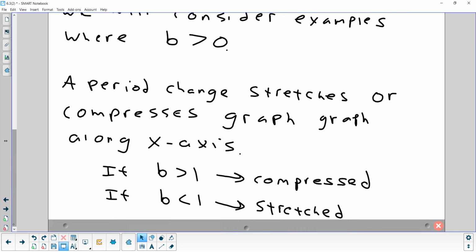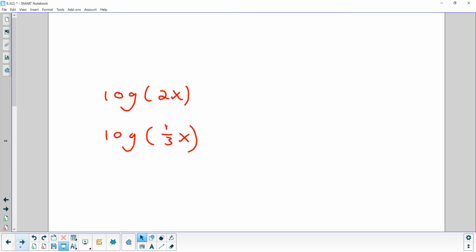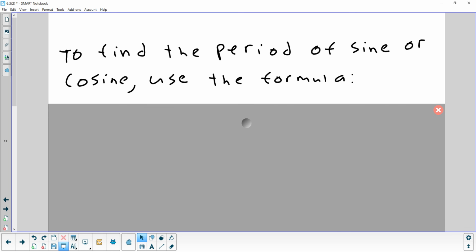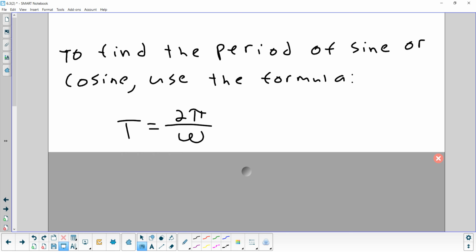All right, so we looked at that, and that, and that. So what we want to look at now is how can we find the period of a graph. Okay? So this is a non-graphing problem, kind of like finding the amplitude.